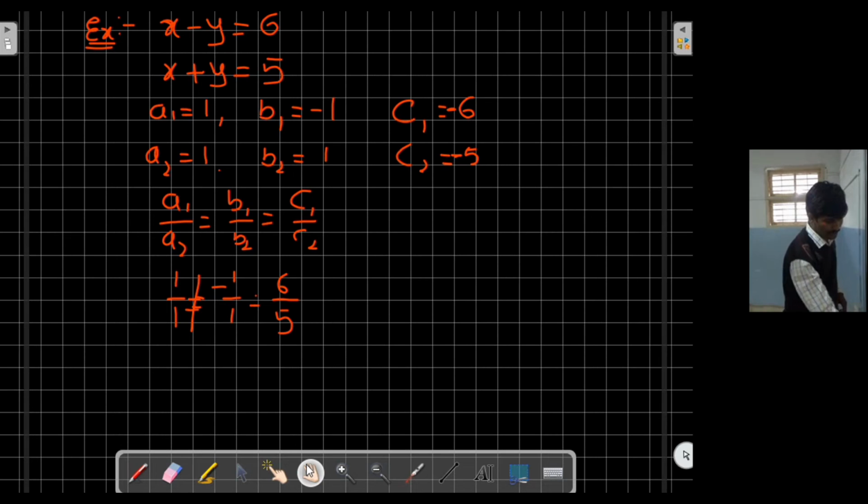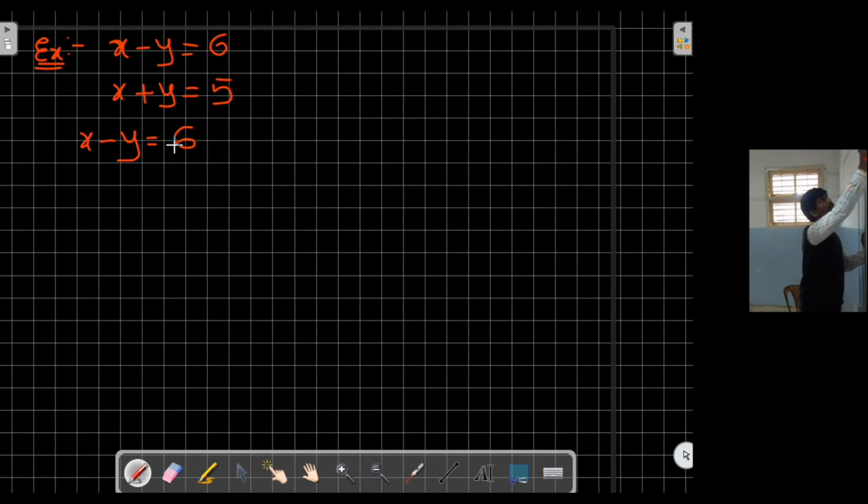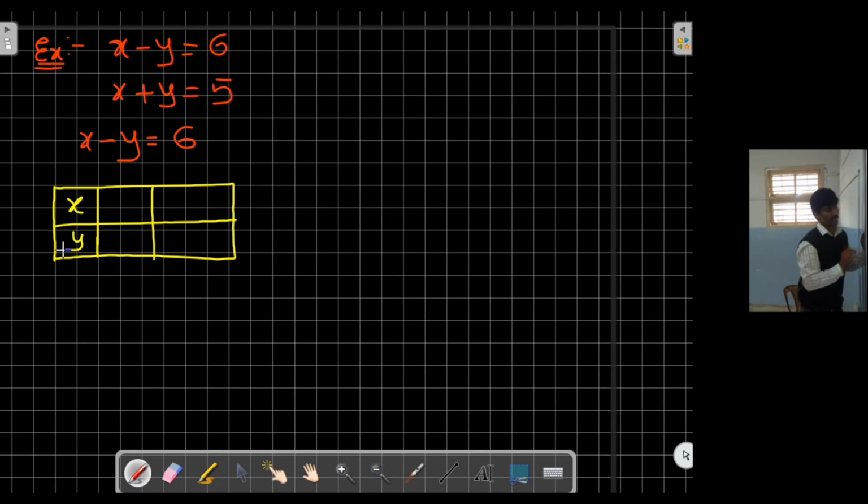So we will start. We will draw the diagram. How to draw a graph here? For the first equation, same method as last year. Once again, x minus y is equal to 6. So let us draw one box here. This is x, this is y. Next, it is a very simple solution, a very shortcut method I am telling you, to get the values here.